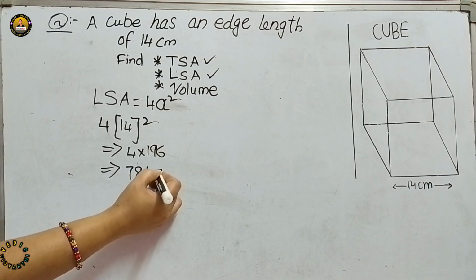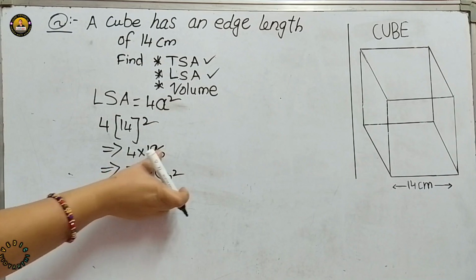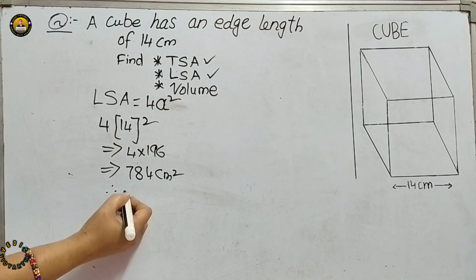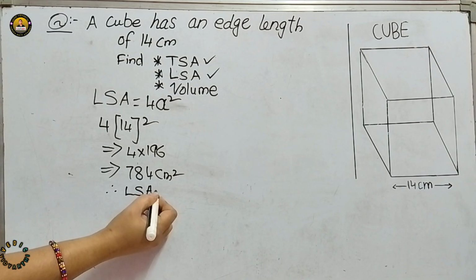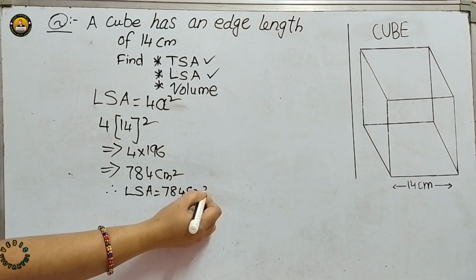So 4 into 196, we got 784 centimeters square. Therefore, LSA equals 784 centimeters square.